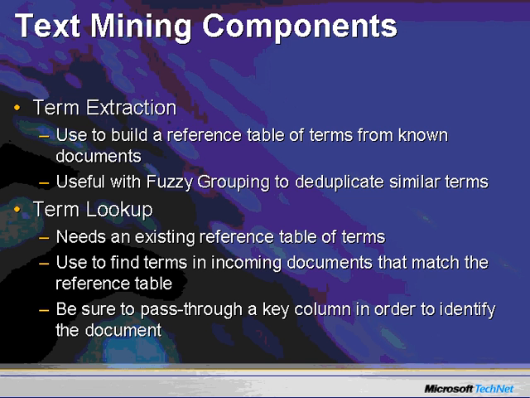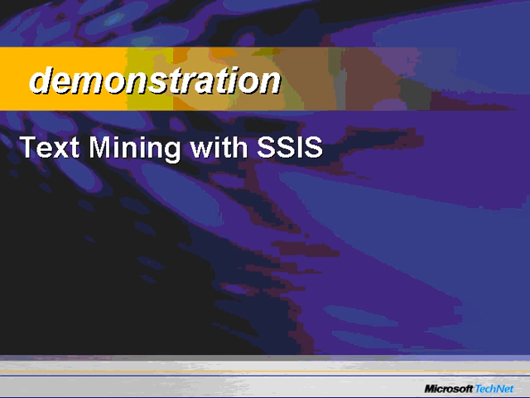Now, when you do this, one thing to be sure to do is to pass through a key column so that you can get back and identify the original document. But it's a very, very useful component for being able to say, okay, here's a reference table, such as my key customer names, or my key product names, or my key competitor names, or as I say, terms extracted from something like insurance documents or resumes. How does the incoming document compare to this one? It's a very, very useful component for doing that.